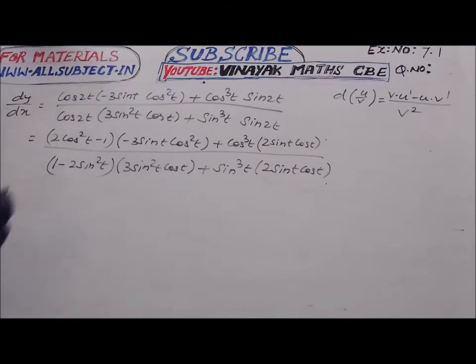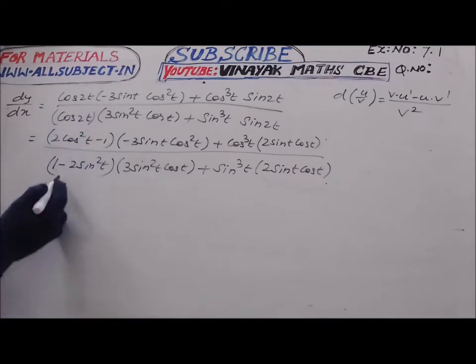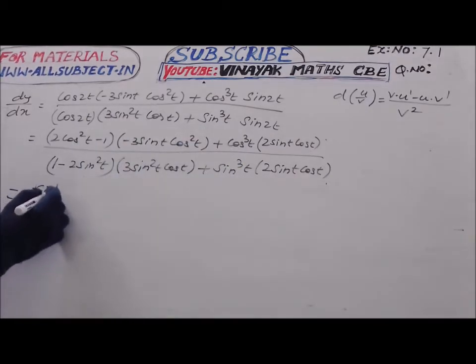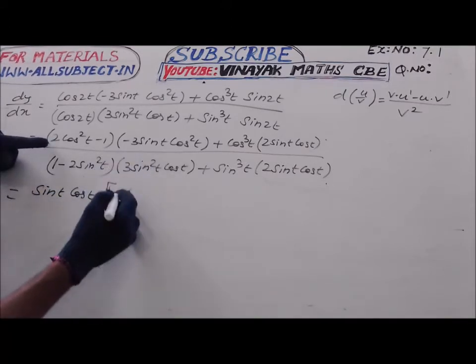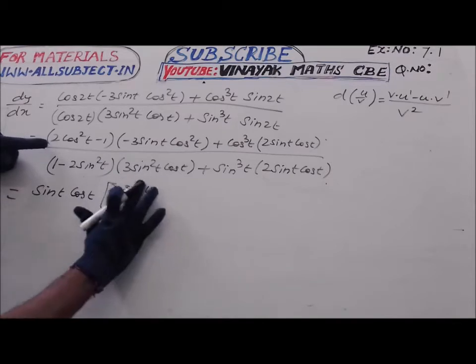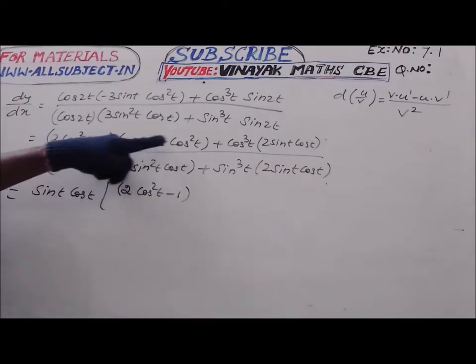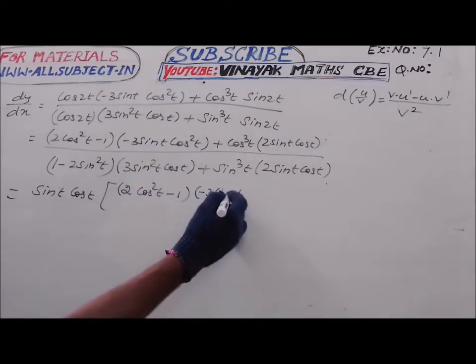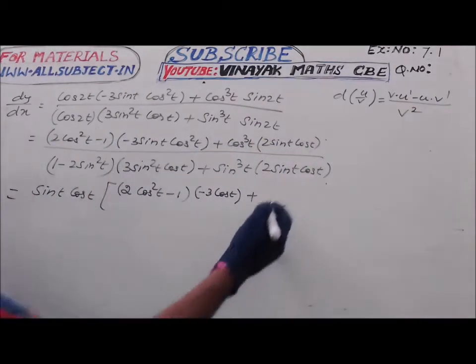Look here, in the numerator cos 2t equal to 2 cos square t minus 1 is substituted, and in the denominator for cos 2t we have substituted 1 minus 2 sin square t. Both are equal formulas of cos 2t. Now taking sin t cos t common, in the numerator we have 2 cos square t minus 1 into, and then with sin t cos t taken out, remaining is minus 3 cos t plus 2 cos cube t.